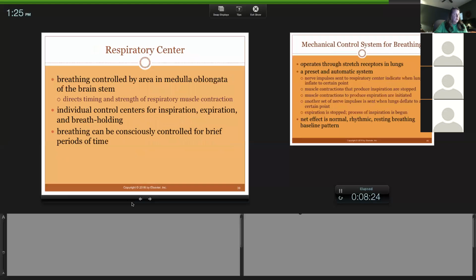Now, inside the brain, this is where we find the respiratory center, which controls breathing. It is inside the medulla oblongata, which, when we talked about the brainstem, is at the base of the brain, right where it exits to the beginning of the spinal cord. The base of the skull and C1, your atlas, protect this area of the brainstem.